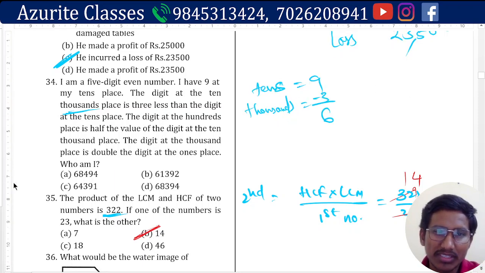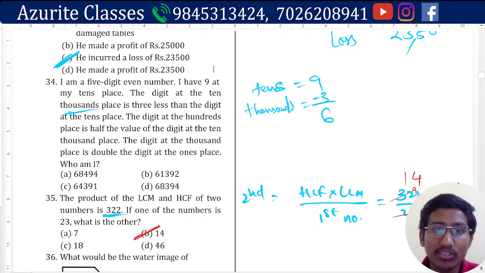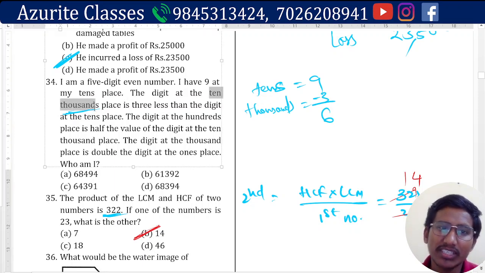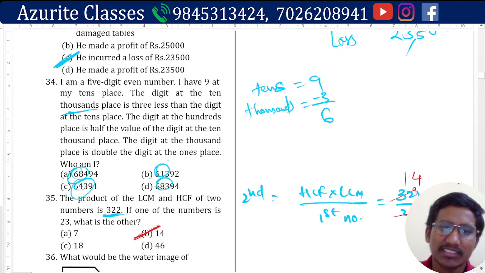So 6 at that place means, sorry, the 10,000 place. Okay. 10,000 place, that is, 6 is there in all. So that is 68,000 here, and then 64,000 here, 61,000, 68,000. That is the 10,000 place only. So that is all there. Okay.